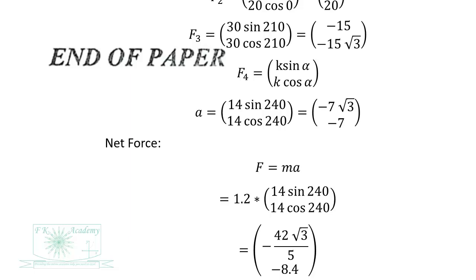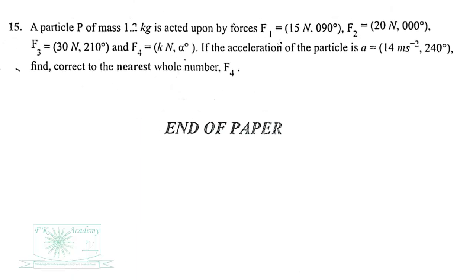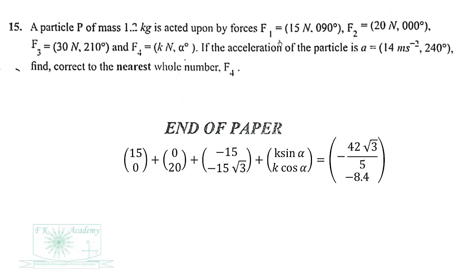So now we again apply the principle of net force. When we add all the forces that we resolved, it should give us the net force. So F1 plus F2 plus F3 plus F4 should give us what is here.